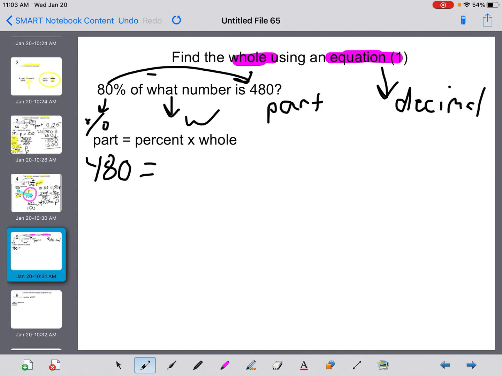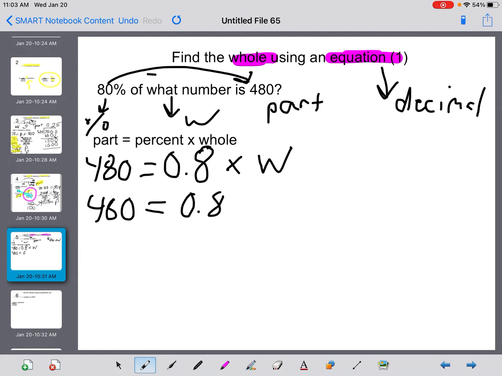Remember, when you go from percent to decimal, you divide by 100, so your decimal place moves over to the left. So I'm going to represent my percent as a decimal times my whole. Well, I don't know what my whole is. That's what I'm trying to find. So again, I get 480 equals, maybe we like writing it better like this, 0.8 W.